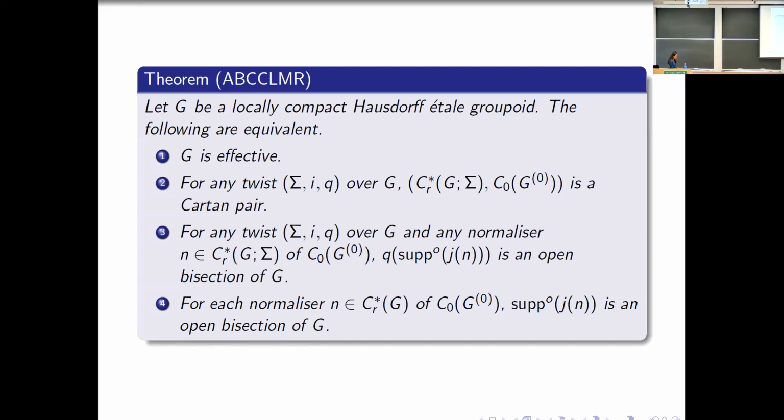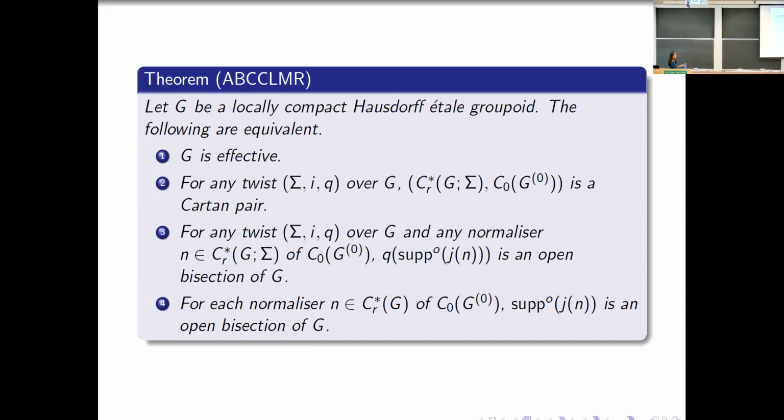But what we can show is that if we return to the C-star setup, whenever we start with the effective groupoid, then from the previous result of Renault, we know that we have this Cartan pair, which can be realized by the twist and the groupoid. And not only that, we also have a result showing that once we start with the effective groupoid, then for any twist over the groupoid, it does satisfy the local bisection hypothesis.